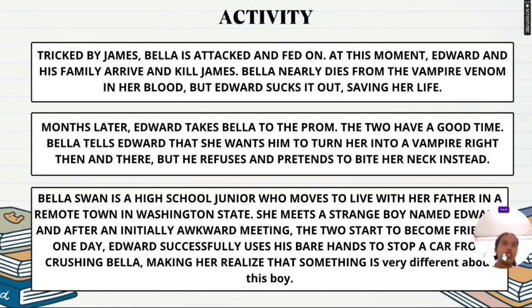Tricked by James, Bella is attacked and fed on. At this moment, Edward and his family arrive and kill James. Bella nearly dies from the vampire venom in her blood, but Edward sucks it out, saving her life.